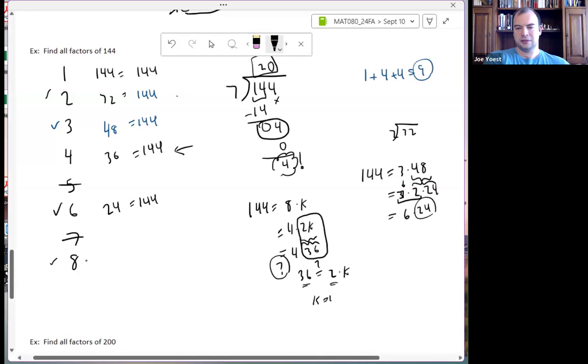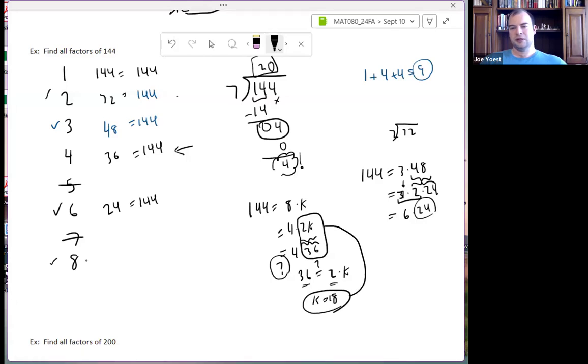If I can write my 8 nicer, there we go. So I see that coming all the way back up here, 144 is 8 times 18.